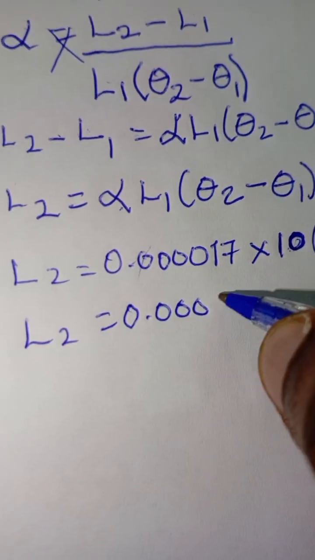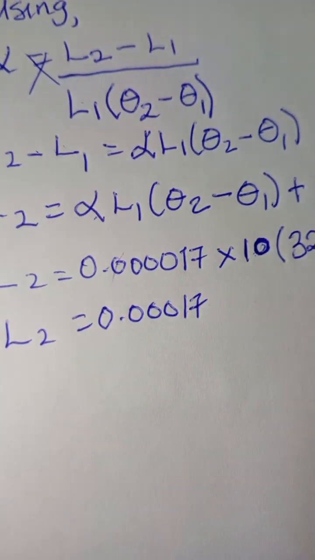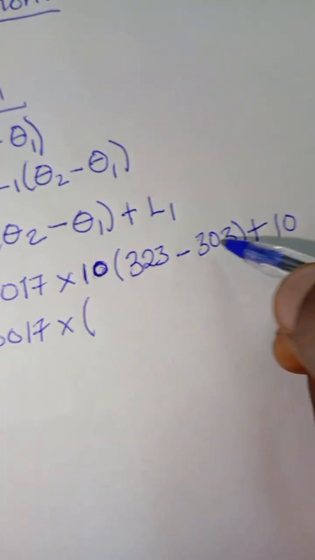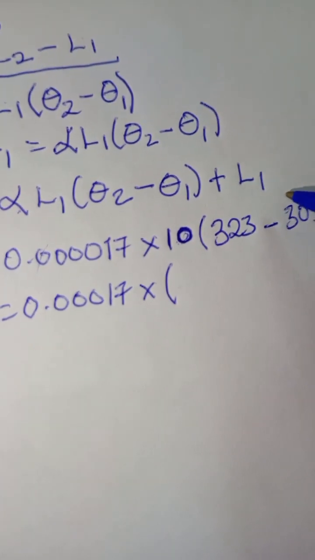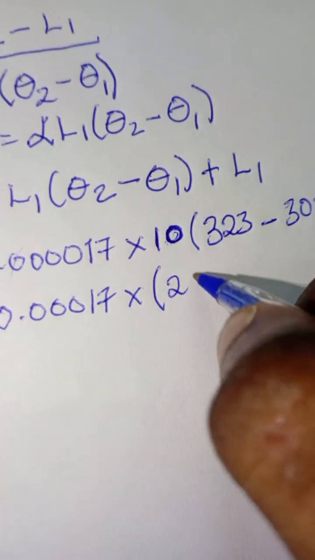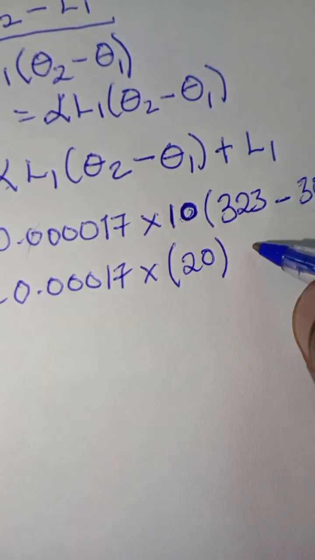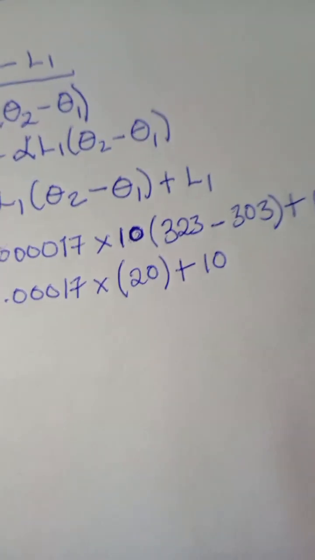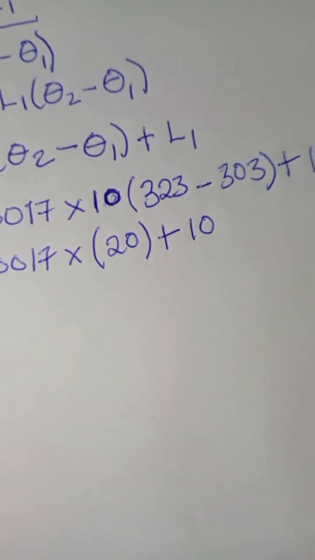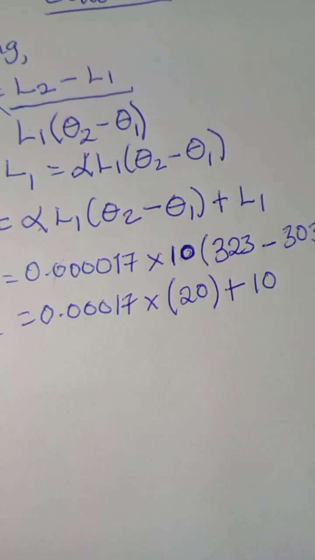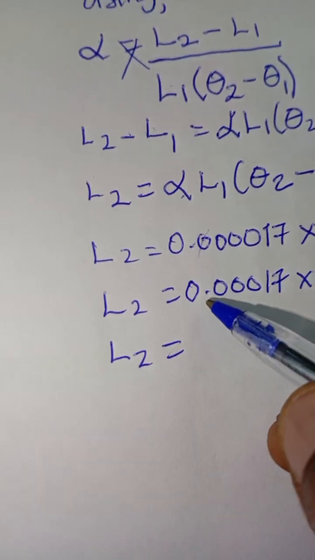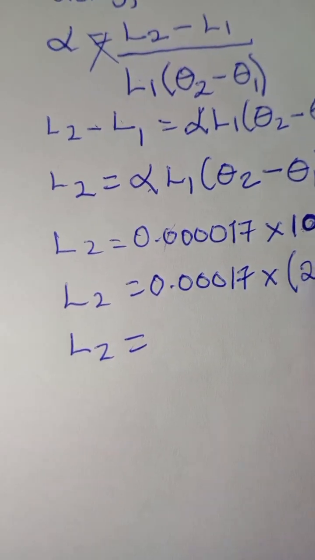So we're going to get 0.00017, into brackets 323 minus 303, and that will give us 20, into brackets plus 10. You can see the way I'm managing this because we have to follow BODMAS while solving this, even though it's physics. So L2 will be equal to this multiplying this.